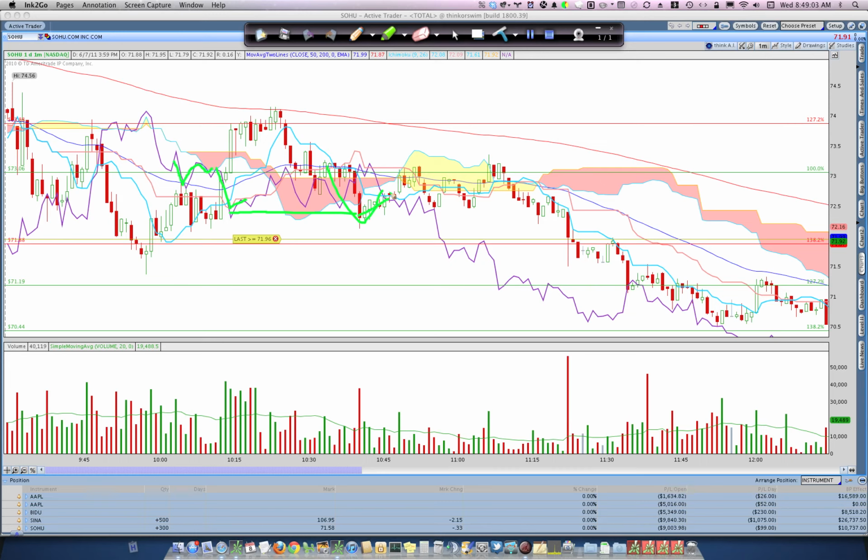The candles started their move up. Candles came to the bottom of the cloud. Chikou came to the bottom of the cloud, to the top of the cloud, couldn't quite break, came back down again. Candles played in this consolidation period here in the cloud. Chikou was playing behind it in the cloud.